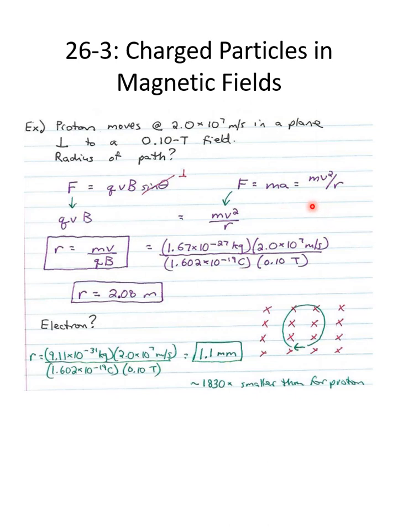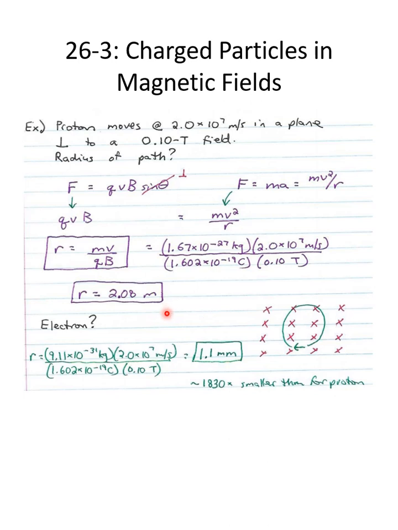So by Newton's second law, the force is mv squared over r. We're going to relate these two. qvB equals mv squared over r. And when we solve for r, we have mv over qB. Now we can plug in all those values. We have the mass of a proton, the speed, the charge of a proton, and the magnetic field, and we get the radius of its path of 2.08 meters.